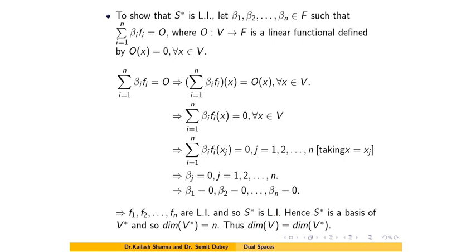Since S star is a linearly independent set and it spans V star, hence S star is a basis of V star. And since S star contains n elements, therefore the dimension of V star is equal to n. Thus the dimension of V is equal to the dimension of V star.